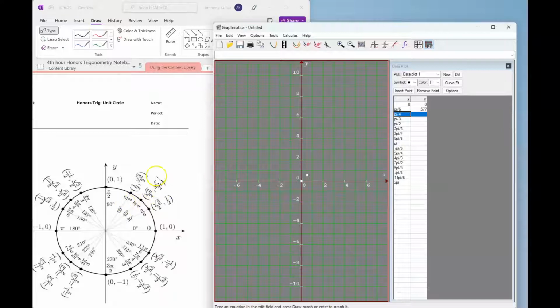Tangent of pi over 4 is root 2 over 2 divided by root 2 over 2. Tangent of pi over 3 is going to be the square root of 3 over 2 divided by 1/2, which is the square root of 3, which is 1.73.